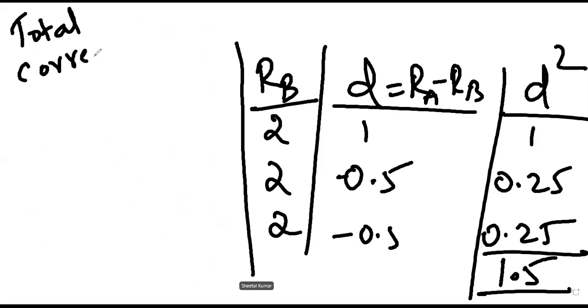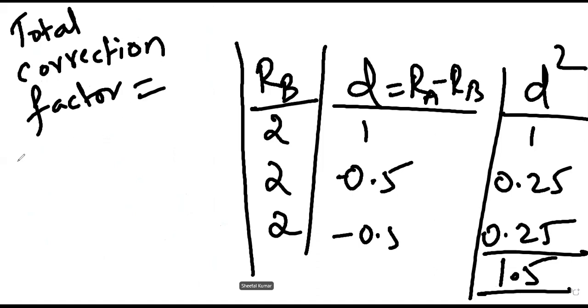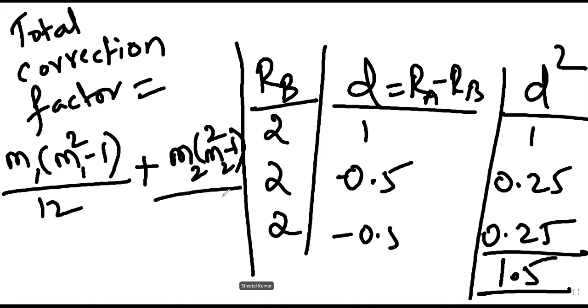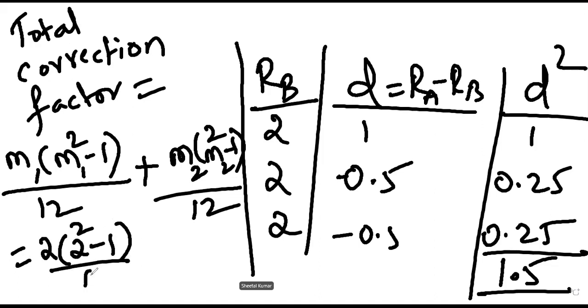Total correction factor: plus 2 into square minus 1. Because 37 was repeated 3 times.